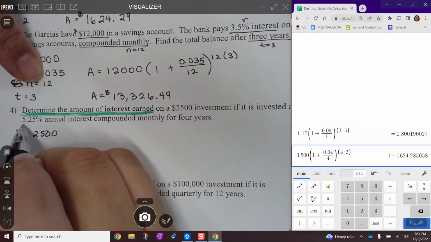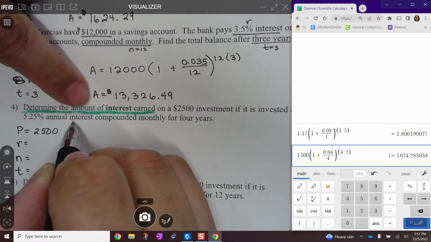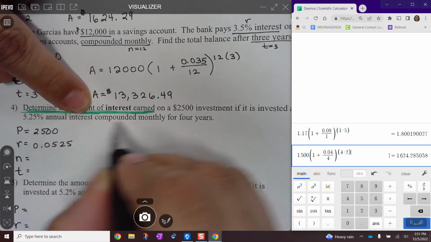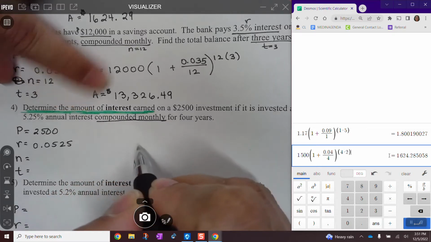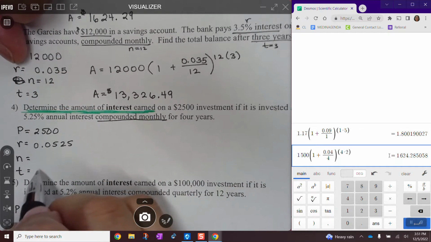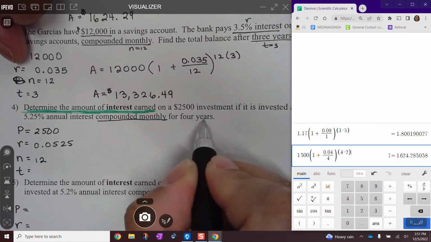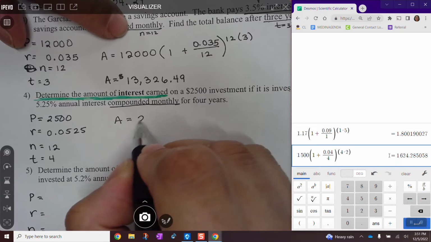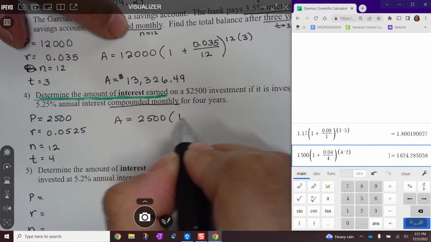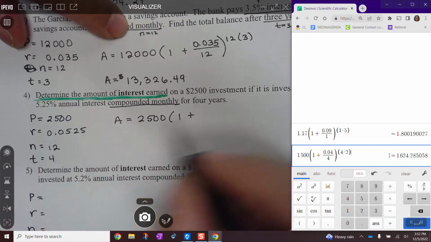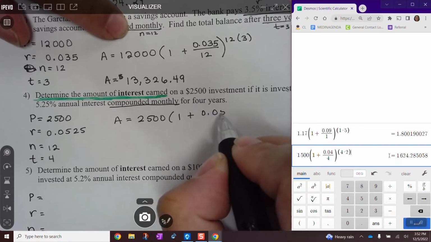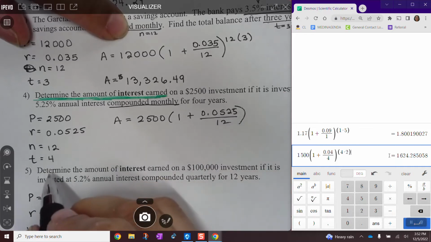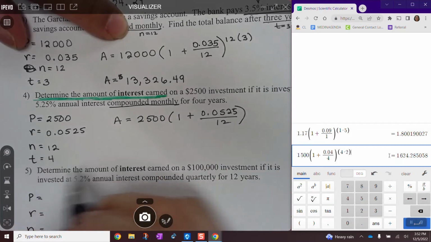It's invested at 5.25% annual interest, and it is compounded monthly for 4 years. Start off with 2,500. 1 plus rate divided by 12. And then the exponent is N times T, so 12 times 4.